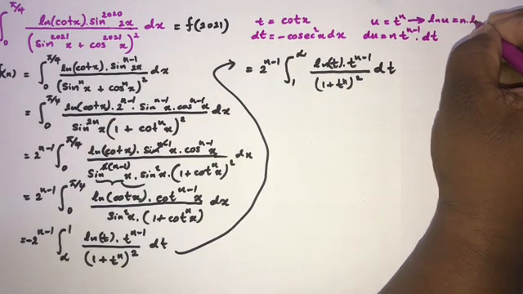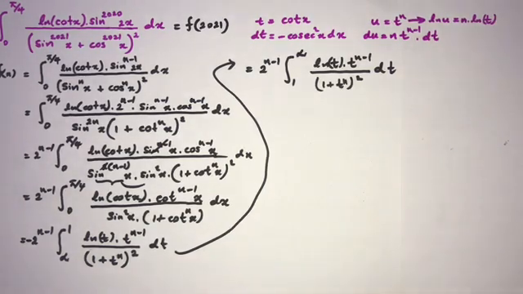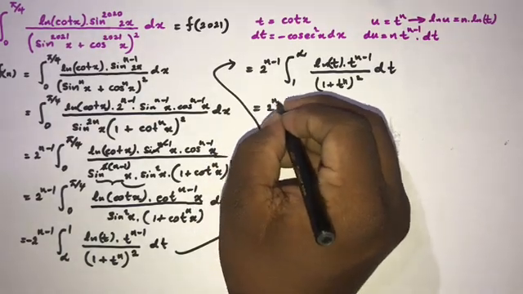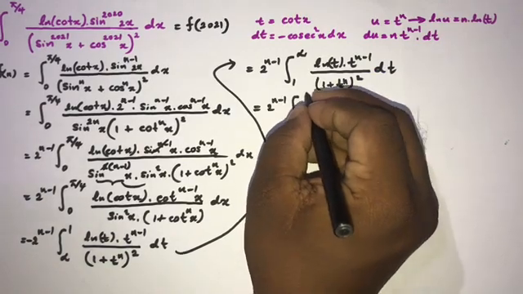Then we can substitute: 2 to the n minus 1, limit also 1 to infinity.